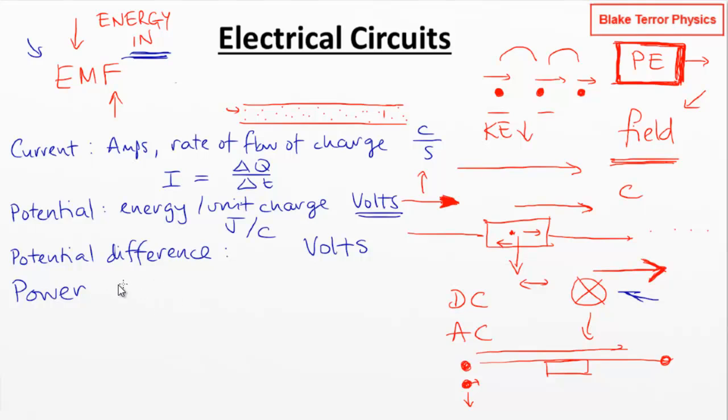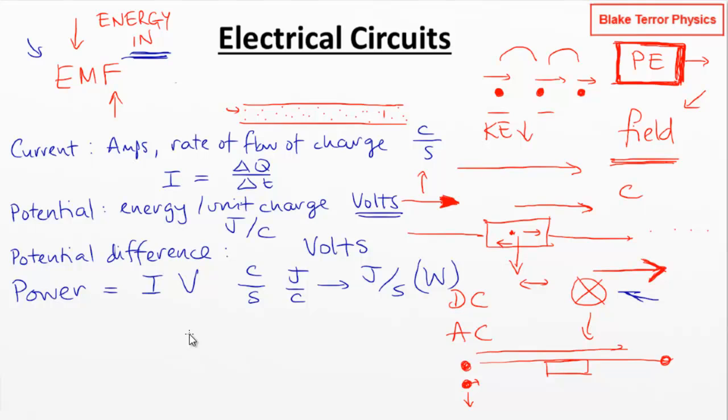So the power of the component is equal to the current times the voltage. And we can just see this from the definitions: current is coulombs per second and voltage is joules per coulomb, so when we multiply those together, that gives us joules per second, which is our power, which is our watts. So a simple way of working out power.